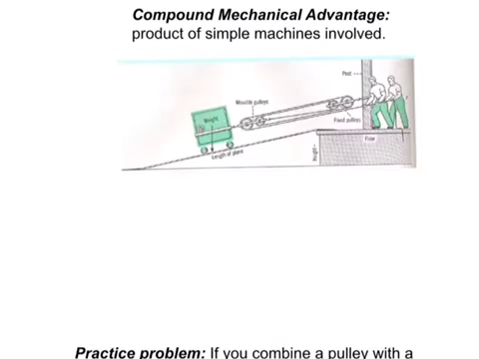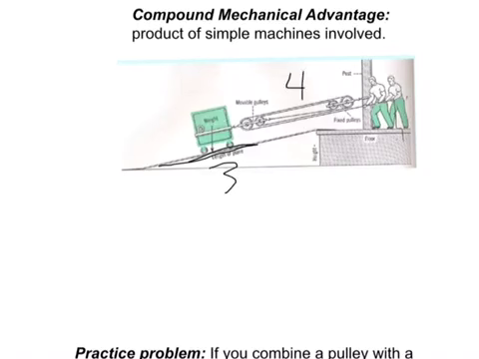Now, to look at the mechanical advantage of compound machines, you simply have to take the product of all the simple machines involved. So let's look at this example that has an inclined plane and a pulley system. Let's suppose that this inclined plane has a mechanical advantage of 3, and the pulley system has a mechanical advantage of 4.